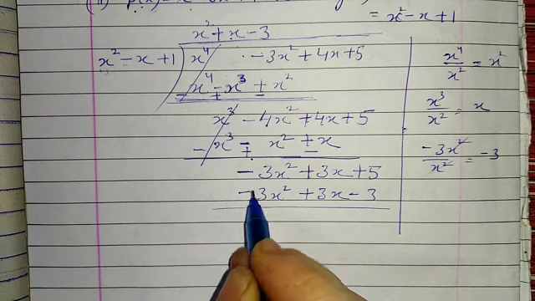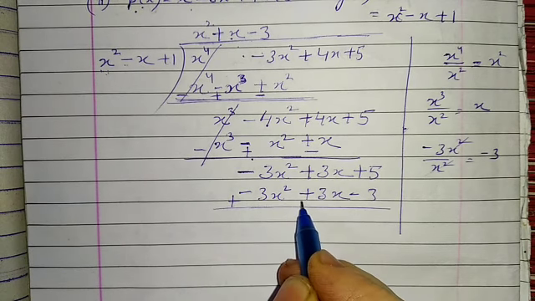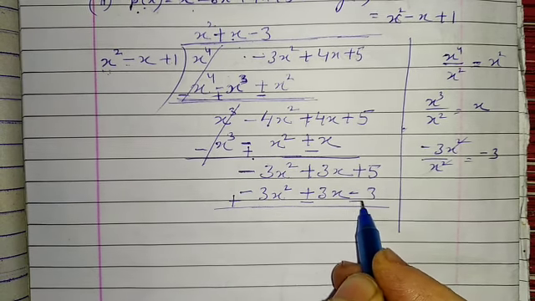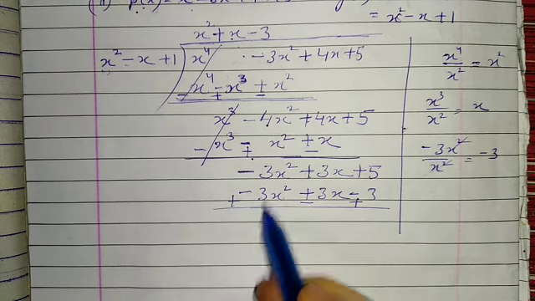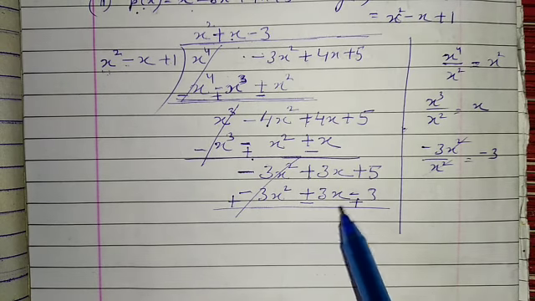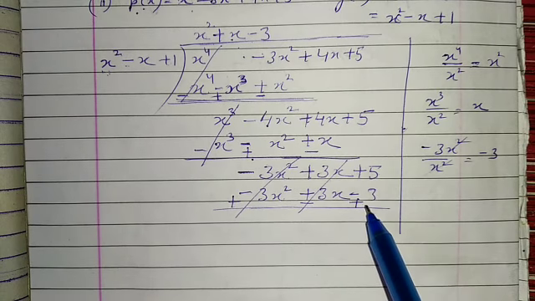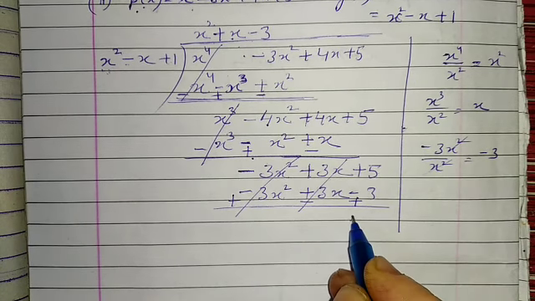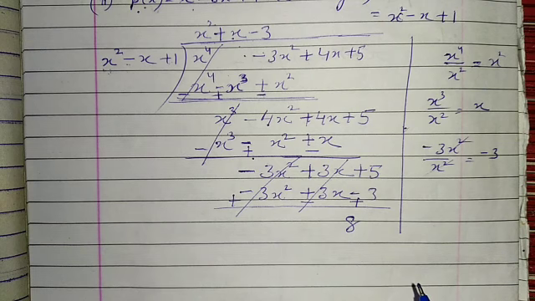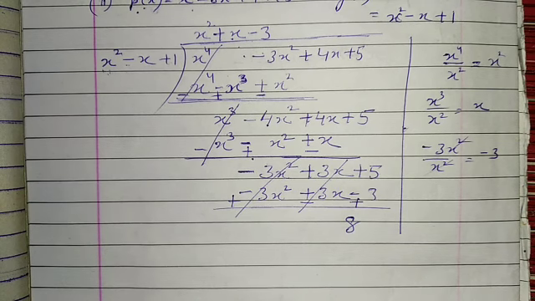Now subtract it. Negative becomes positive, then negative, and then positive. This term will cancel. This term will also be cancelled, because minus 3x plus 3x is 0, and 5 plus 3 is 8. So what is the quotient?